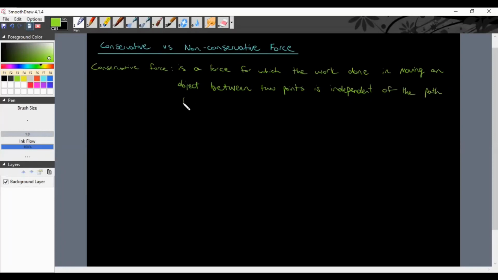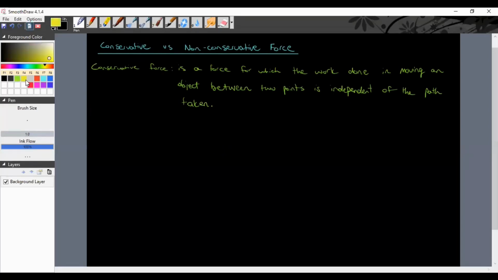In other words, delta x does not mean anything to this force. That's conservative.